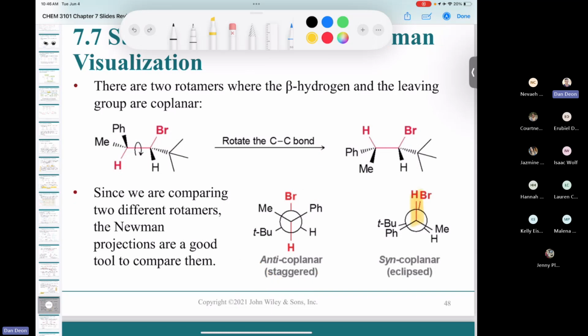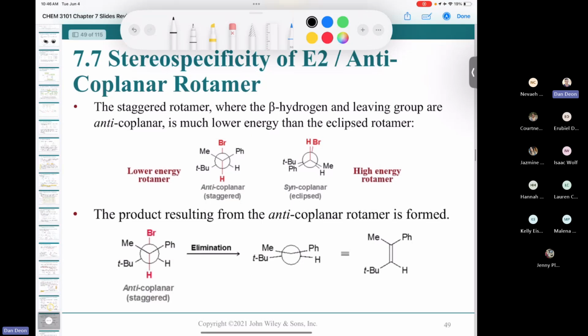Technically in this case, everything is coplanar when everything is eclipsed like this, but eclipsed is really high in energy, and so that's not going to happen. In order for the elimination to occur, it's got to be coplanar and staggered, right? You guys remember that eclipsed is high energy. That's one way of thinking about it.